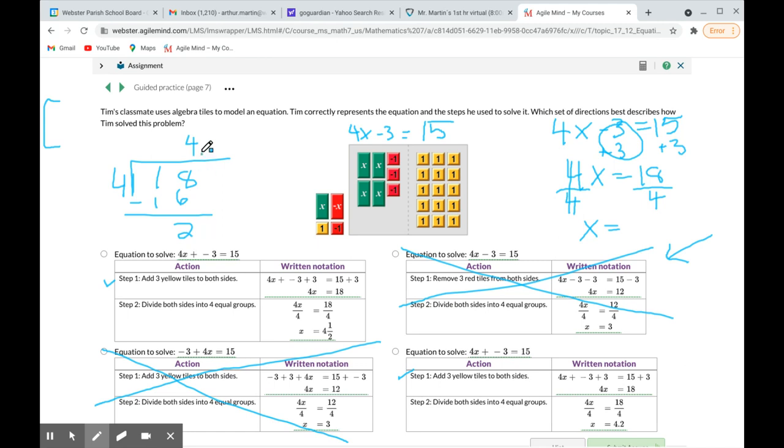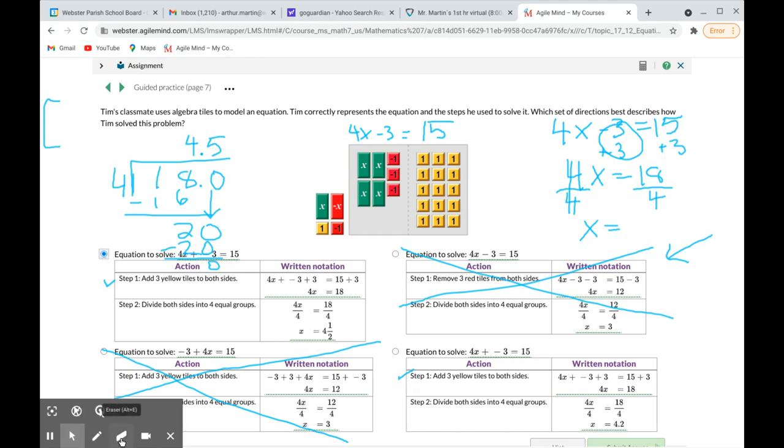If we put a decimal here, that means you got to have a 0. You bring that 0 down. How many times does 4 go into 20? 5 times. And so that means that our answer would be 4 and a half. So this is our correct answer.